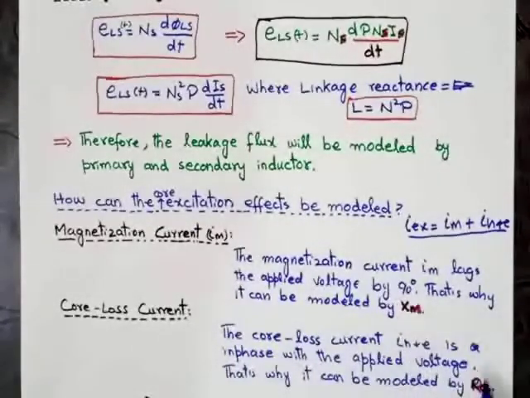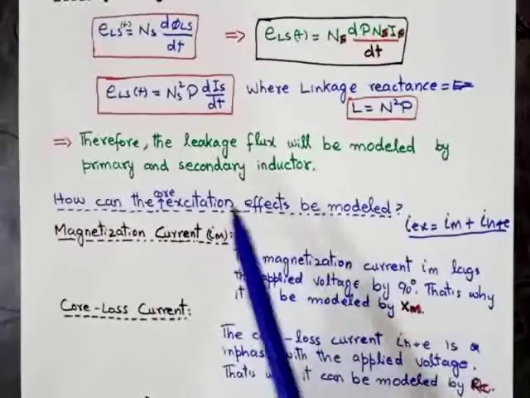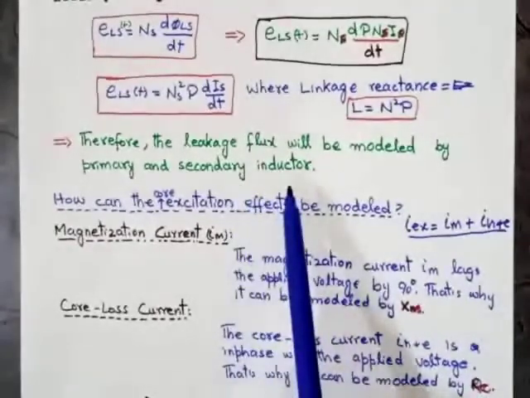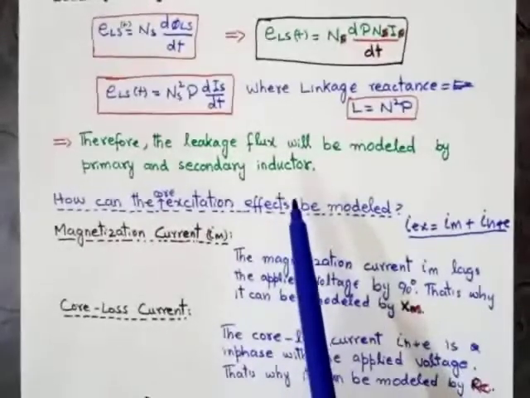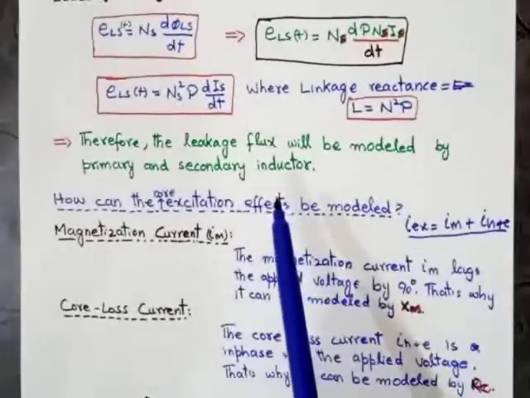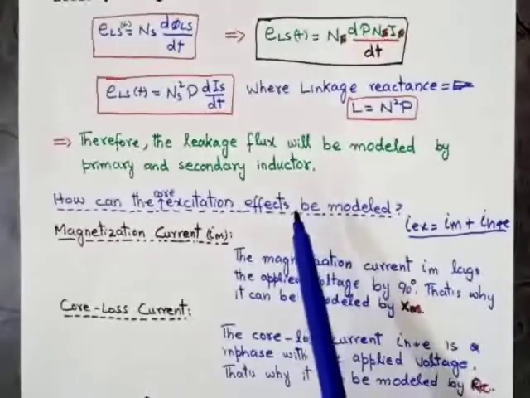These are the core elements or core parameters. So these two are the core parameters, and this is the leakage flux parameters. We will present the copper losses with resistance RP in the primary circuit and RS in the secondary circuit.